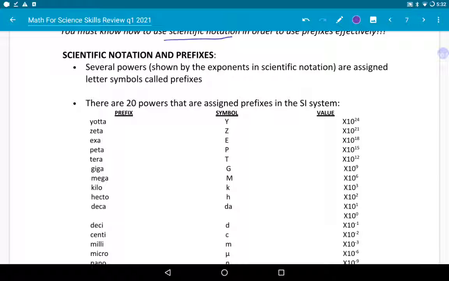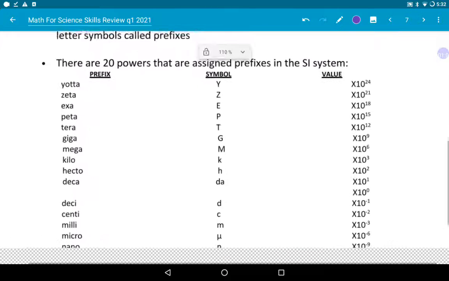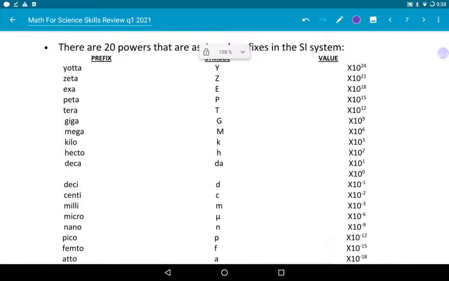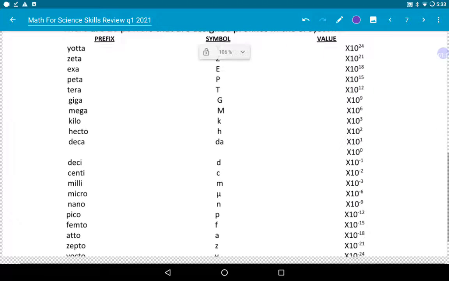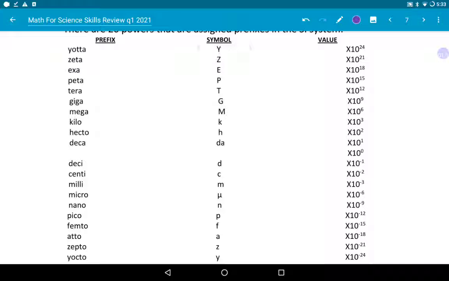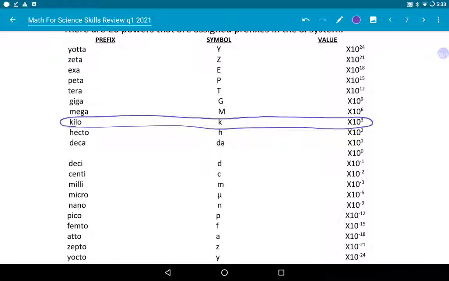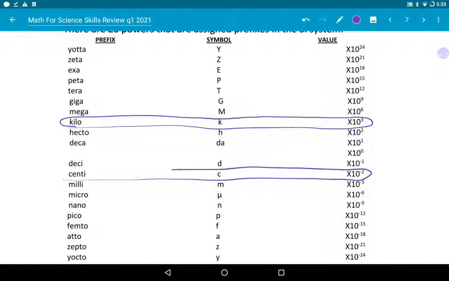Okay, so here's a set of 20 prefixes and 20 powers that relate to those prefixes. Some of them you'll be very familiar with. For example, kilo can represent a power of 10 to the 3. Centi represents 1/100th, which is 10 to the negative 2.